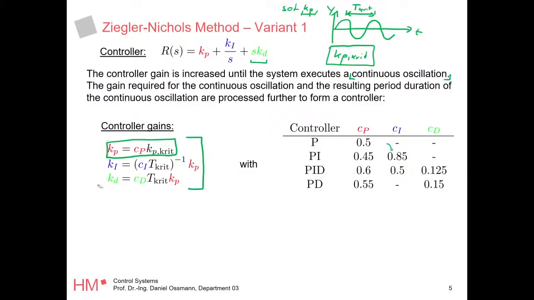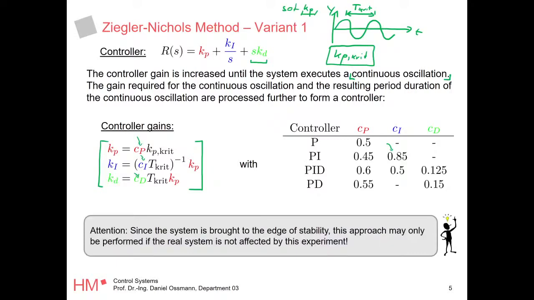But really, plain simple is you do the experiment, you calculate these two values, you decide which controller you take, you look into the table, and in the table you find these values, and these values are really constants Ziegler and Nichols already determined for us. That's it. I'm going to do an example.